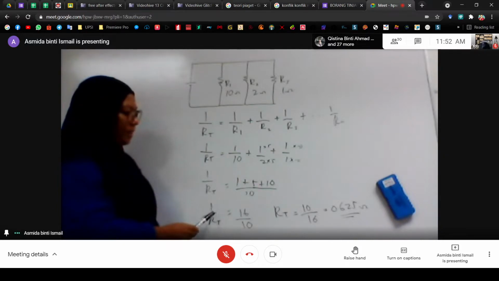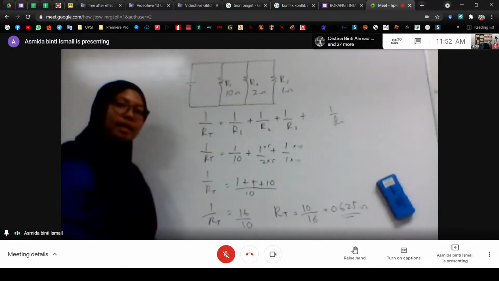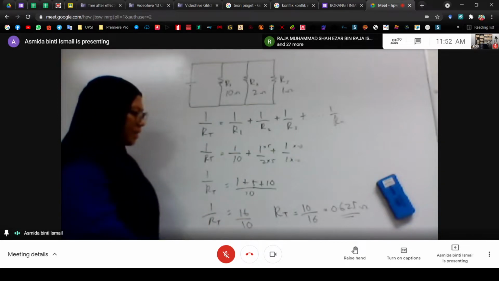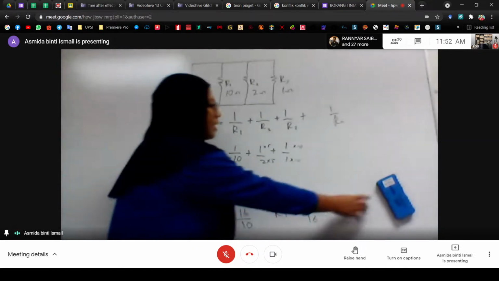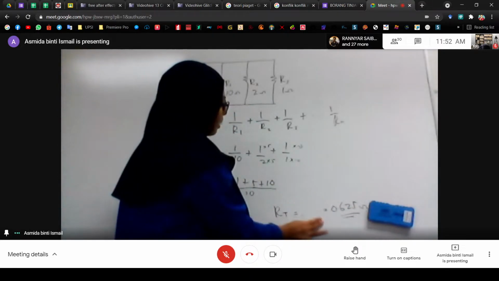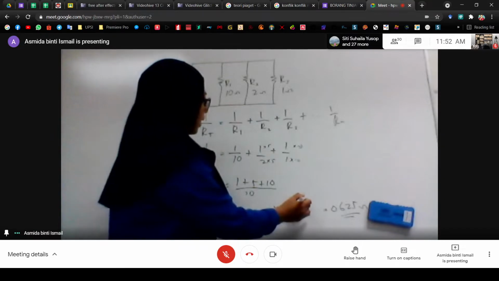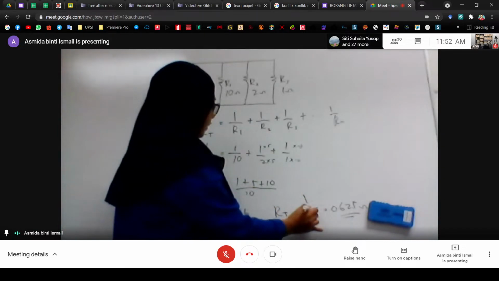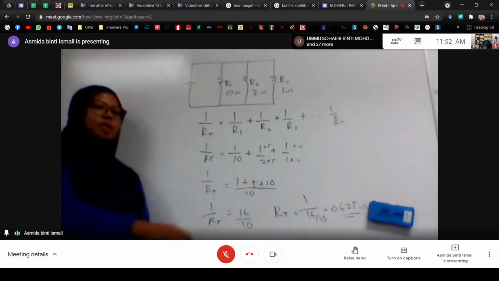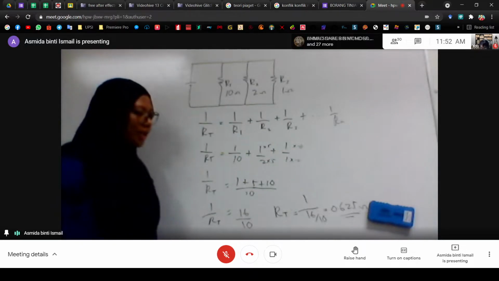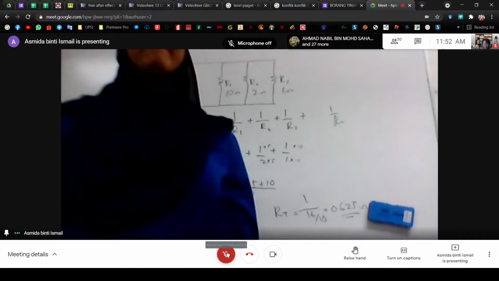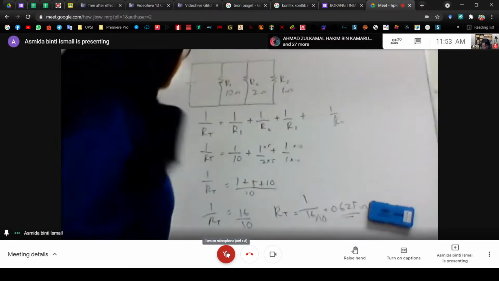So, kita terbalikkan lah. Kita terbalikkan macam mana? 1 bagi RT. RT sama dengan, I got here, RT is equal to 1 divided by 16 over 10. Betul? Betul ke tak? Senang je kan? Okay?